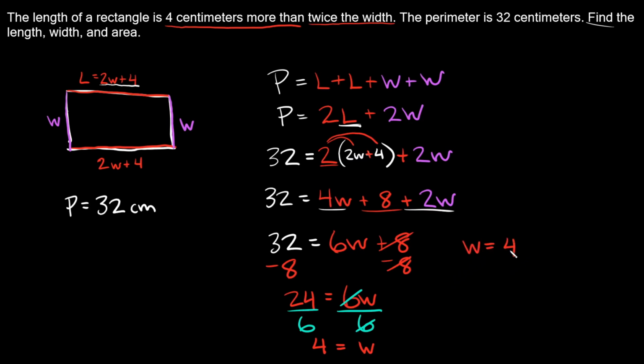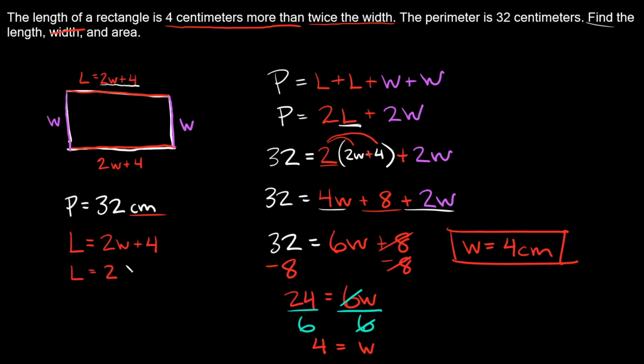Well, remember the units for everything in our problem are centimeters, right? So w is equal to 4 centimeters. So the width is equal to 4 centimeters. Okay, so we just found the width. Now we need to find the length and the area, right? So the length is going to be equal to our little formula, right? 2w plus 4. So then the length is equal to 2, and then what's w?